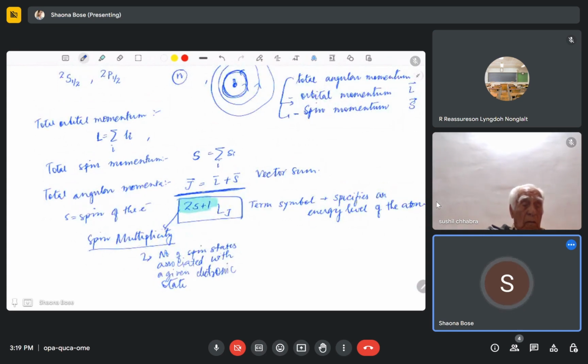And what is L? This L is just the total orbital angular momentum.